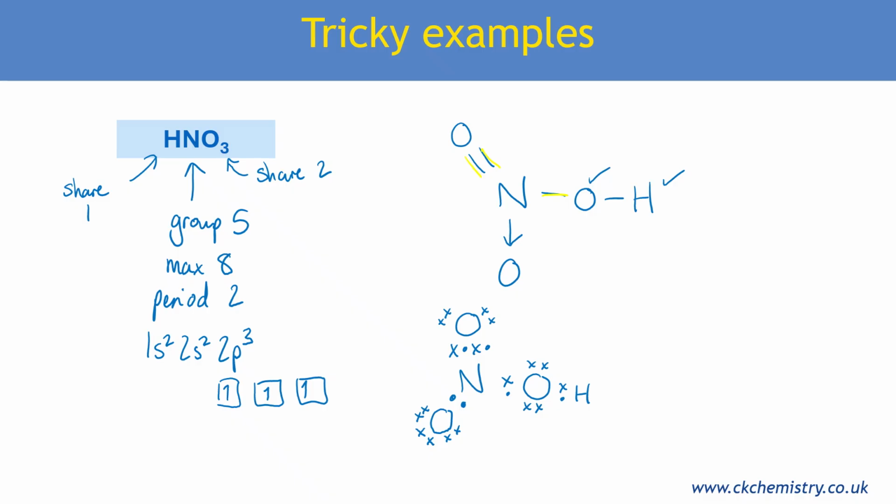To make an NO3- ion, which is a nitrate ion, all I've got to do, how does that form? Well, it forms when it loses the hydrogen ion. It loses this H as a H+, and because it goes as an H+, it leaves its electron behind. And so I just draw exactly the same ion.